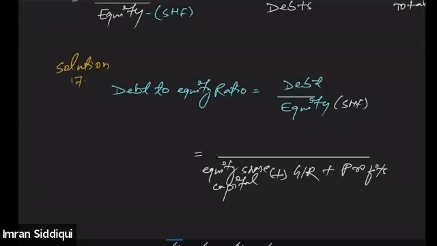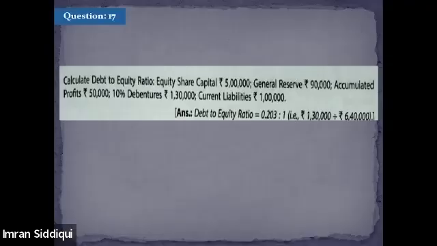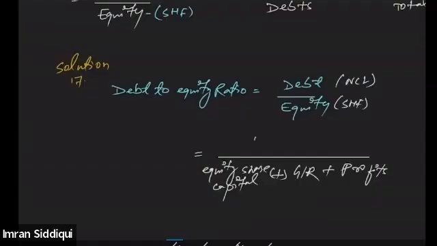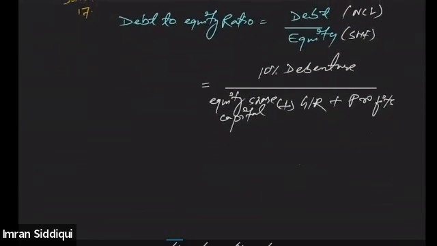Similarly, in place of debt, we'll just consider the value of the non-current liabilities. Keep that in mind. We'll take the value of the non-current liability, not the current liability. There is only one non-current liability, which is 10% debenture. So we'll take the value of the 10% debenture in place of the debt. The 10% debenture is given as 1,30,000.